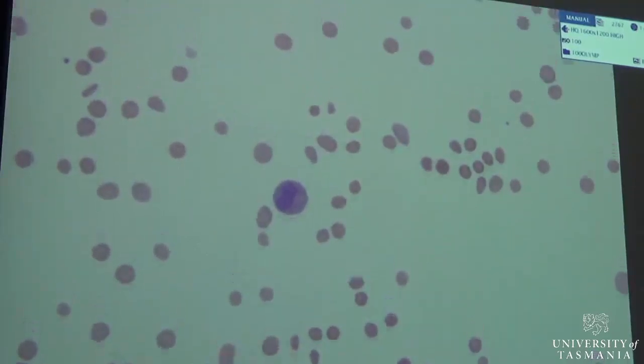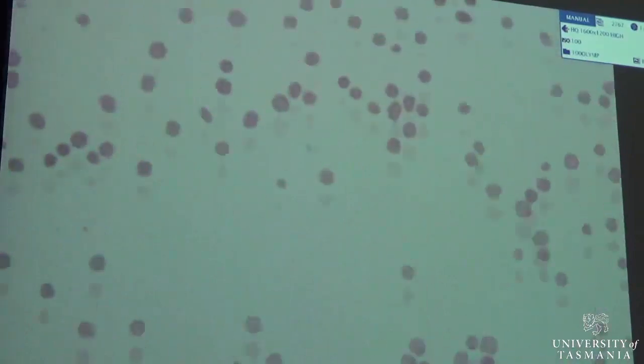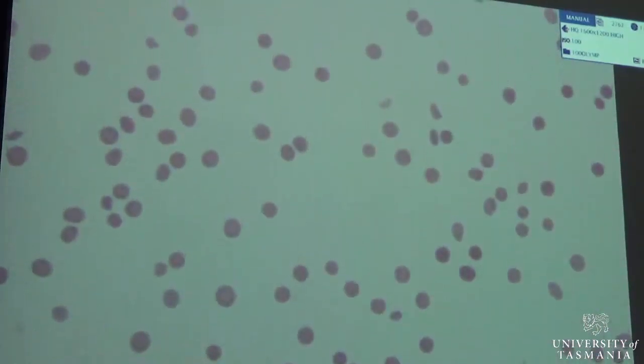And I'm just trying to have a look, the neutrophils are giant. I'm just trying to have a look for a lymphocyte to see if we can check out the size of the cells. And the reason I asked you to do a diff count on 50 cells is because the white cells are so few and far between.